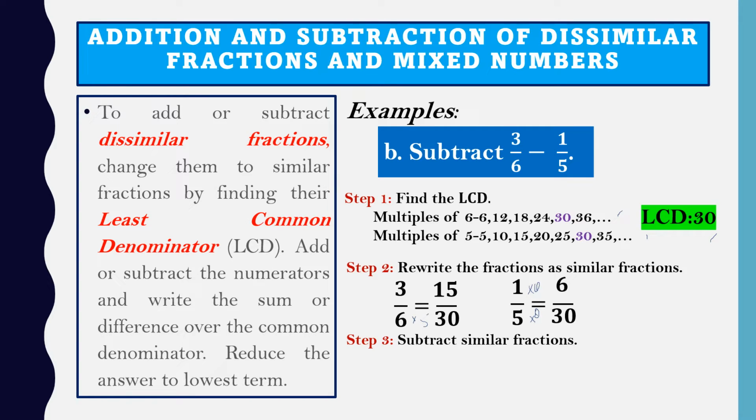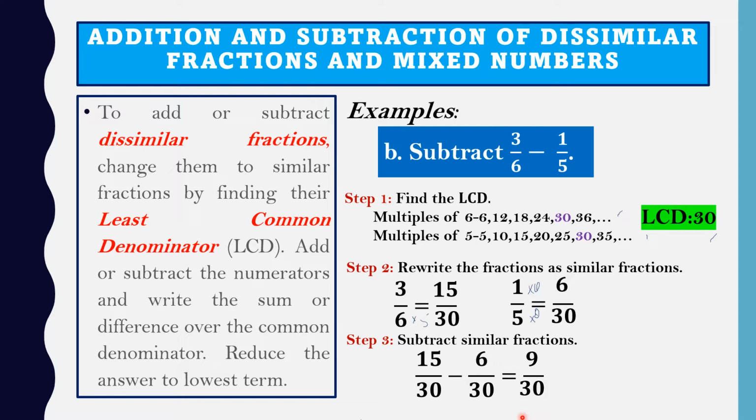Now that they are already similar, we can apply our operation, which is subtraction. So we have 15 over 30 minus 6 over 30. 15 minus 6 is equal to 9, and then copy our common denominator, which is 30.